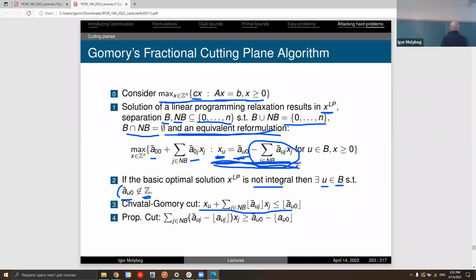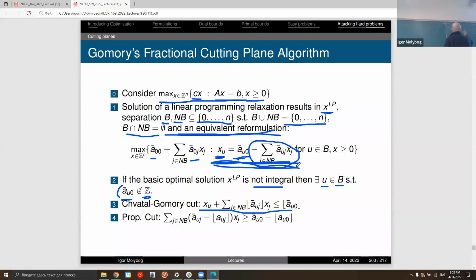So the equation is telling us that xu plus the summation over j in N of a bar uj xj is equal to a bar u0. This is the equation, right? Corresponding to the u basic component.